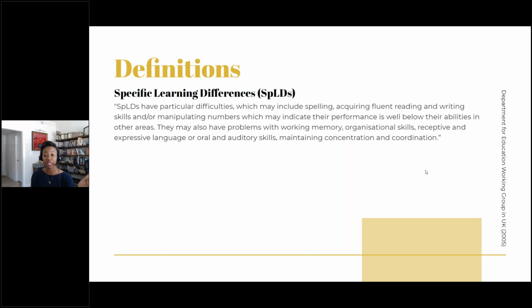It includes manipulating numbers. And then at the end of this, you see the quote, they may also have problems with working memory, organizational skills, receptive and expressive language, or oral and auditory skills, and also maintaining concentration and coordination. I will tell you that that was a surprise to me. I did not even consider that, but as I learned more, it made sense.